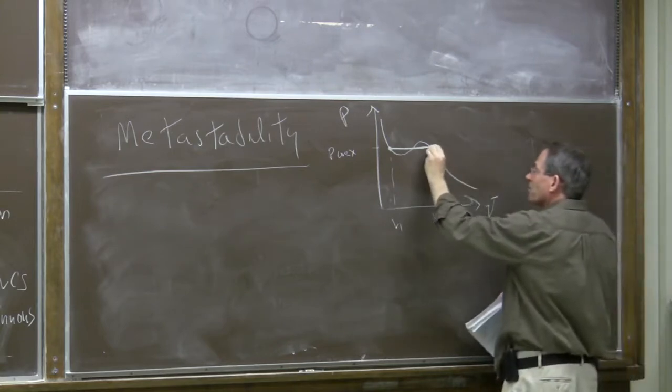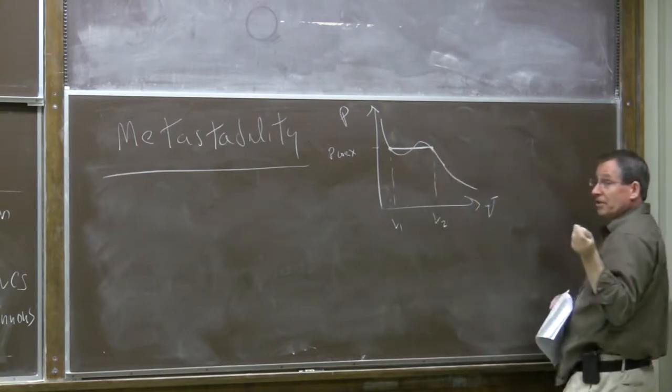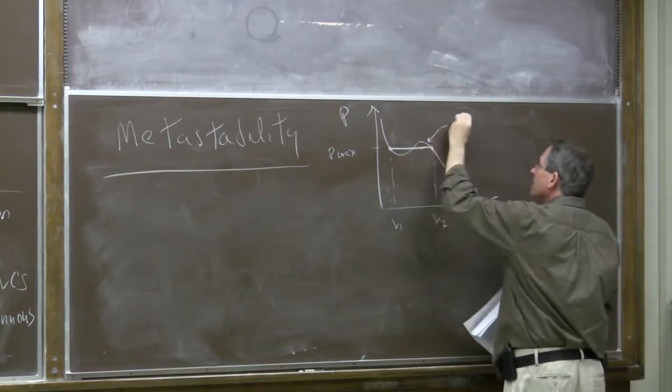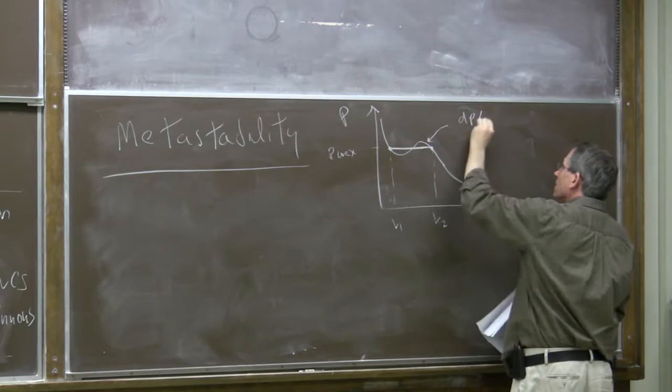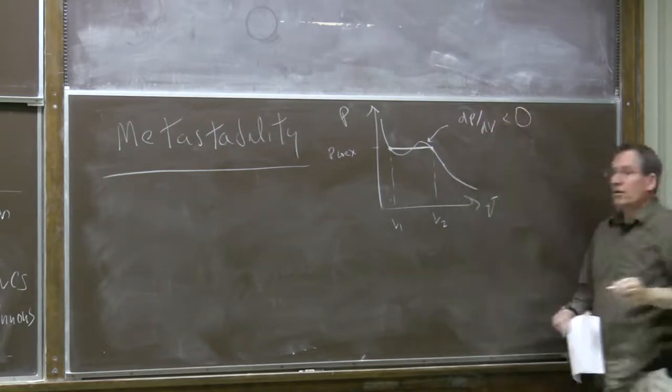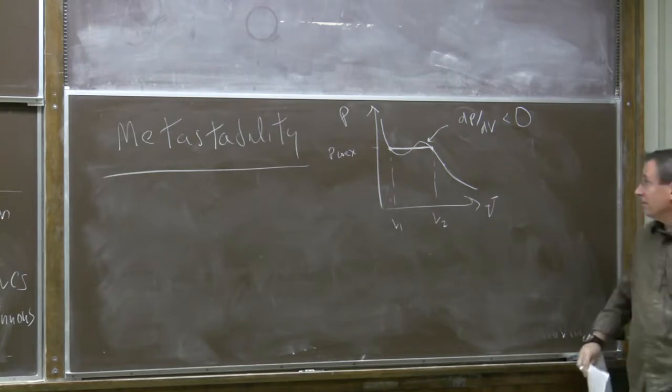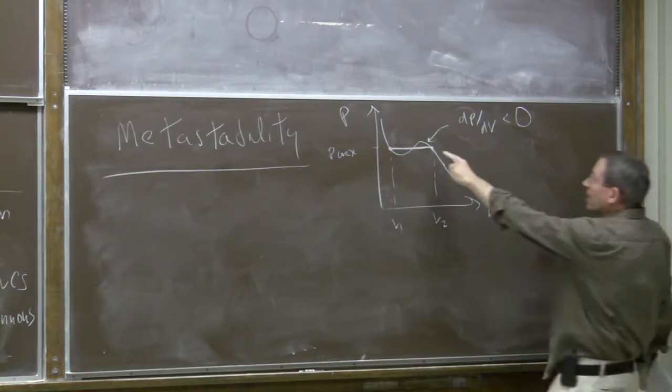But when we cross this point, we're not yet in the region where the system is unstable. Here we still have dP/dV negative, so the system has a positive compressibility. When you push on it, it pushes back further. But we're not in the stable phase.